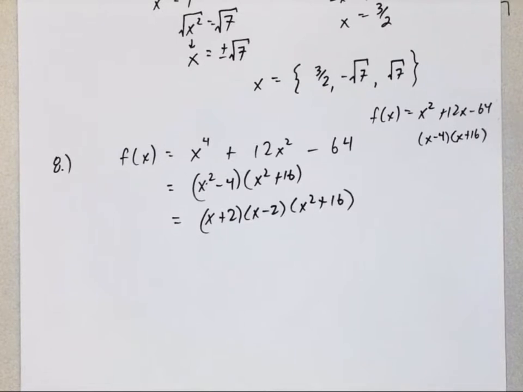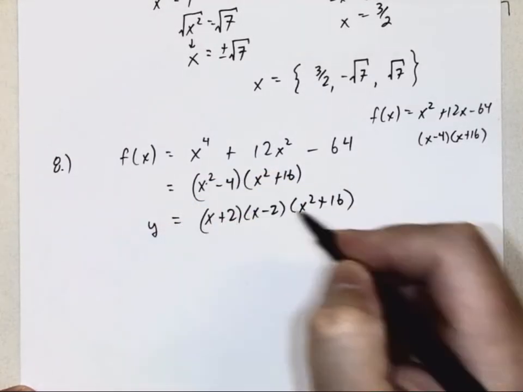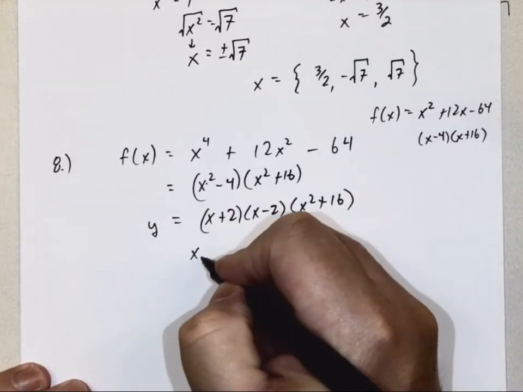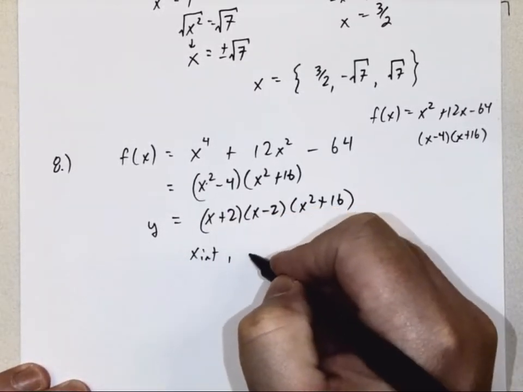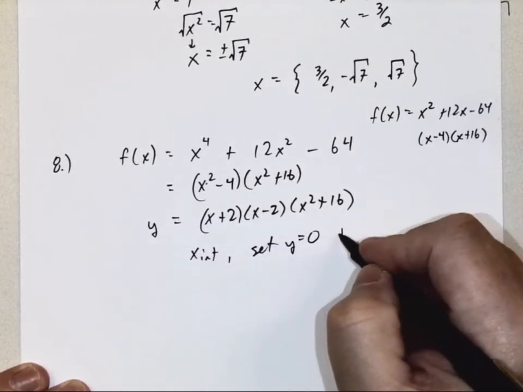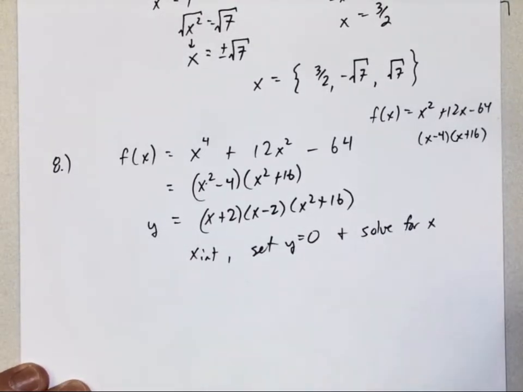Now, one of the common things you can do is set this equal to y. One of the easiest ways to graph is to find x-intercepts. To find x-intercepts, you set y equal to 0 and solve for x.